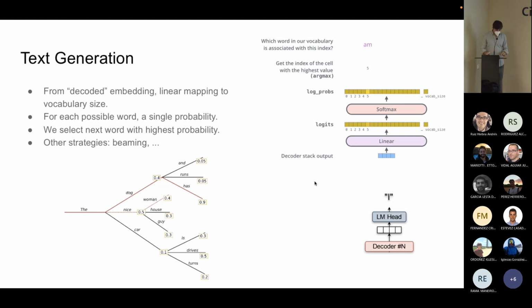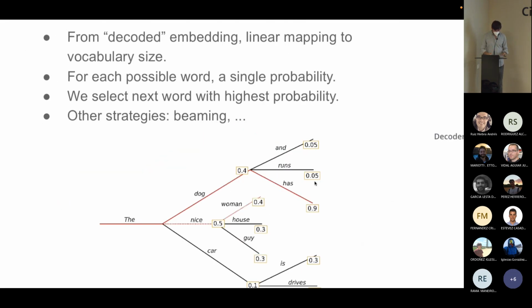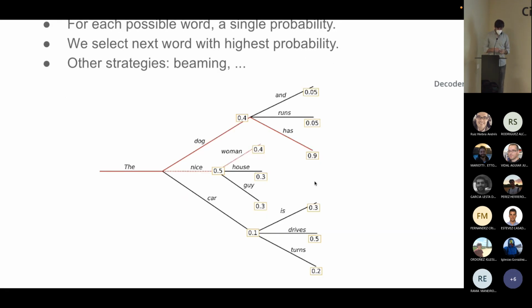And we must know that generating new text is not trivial, because we can say we just take the next word that has more probability. In this case, it starts generating, it says there, and then the next one, the nice, and the next one is woman.